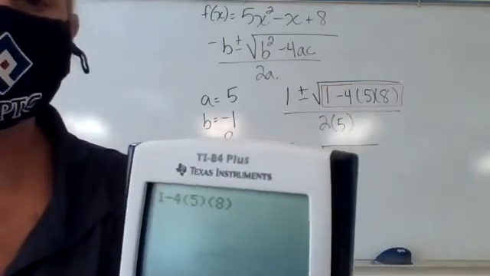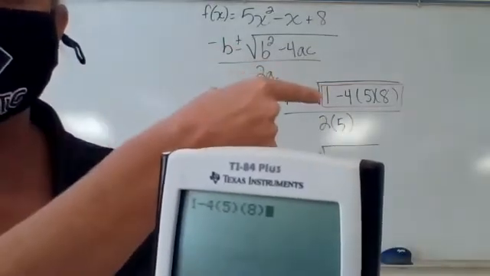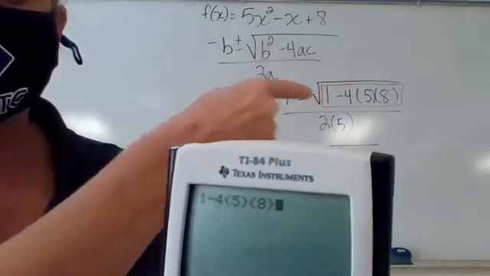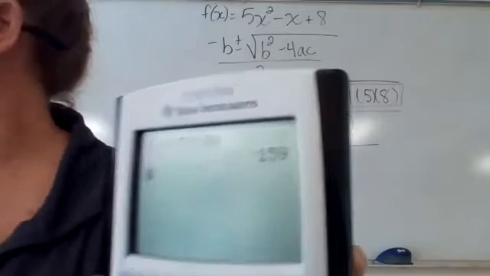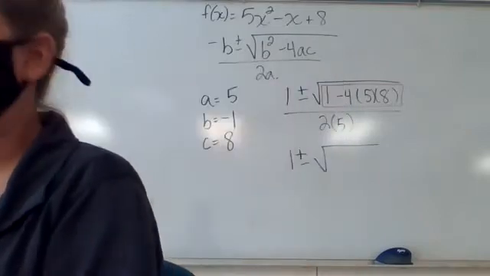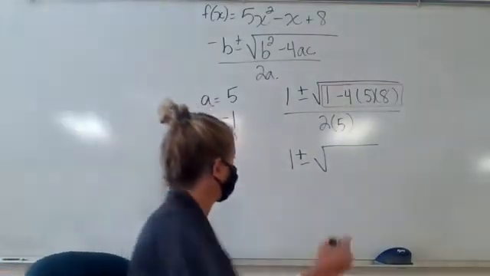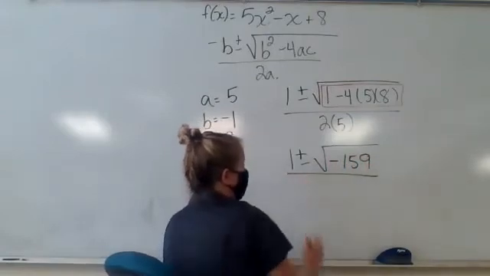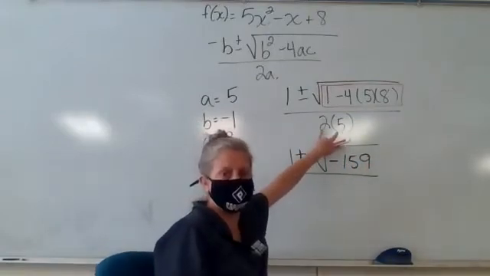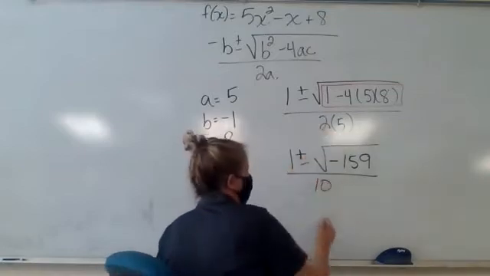So again, you are typing in your calculator exactly what is underneath that square root symbol. Hit enter. So that's all going to turn into -159, over your denominator, which is 2 times 5, gives me 10.